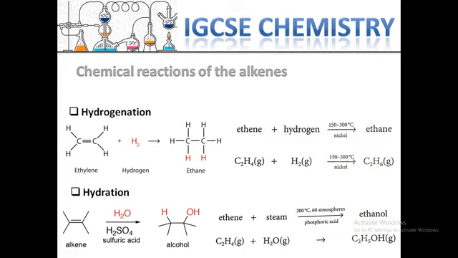Ethanol is a type of alcohol. Here you can see the reaction between alkenes and water gives alcohol. If you have any alkene derivatives and they react with water in the presence of acid, you will get alcohol. Alcohol has its own special reactions and properties that I will explain next session.